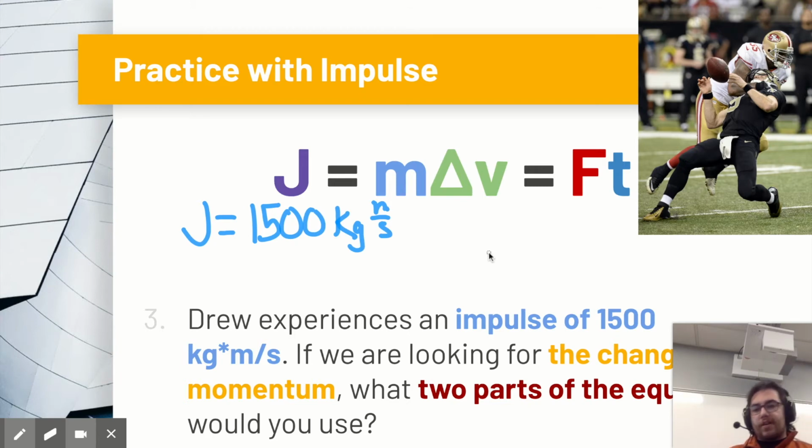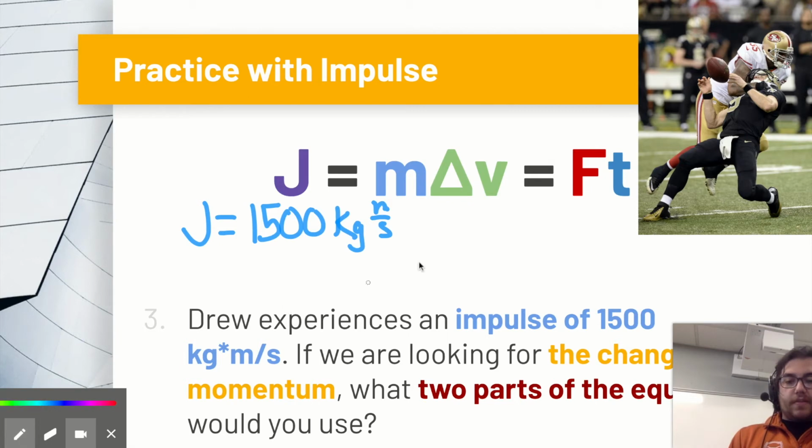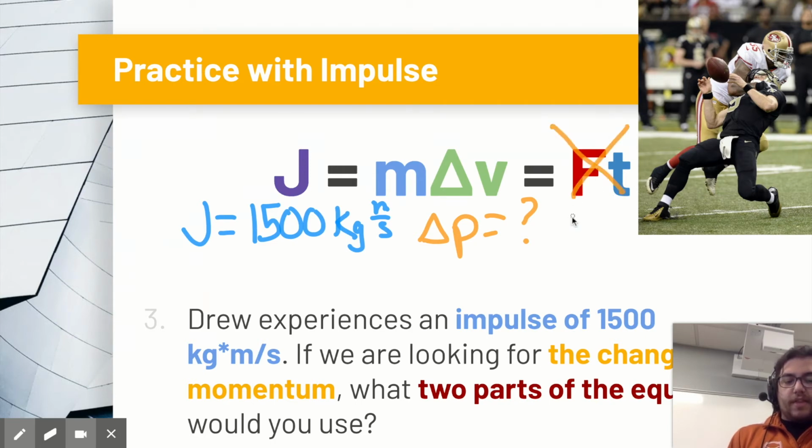Some of you might have already figured it out because you took some pretty good notes on the previous stuff. We learned earlier that impulse is the same thing as change in momentum. Change in momentum would be written like this. Which part of this equation would we worry about, and which part can we ignore? Well, we can ignore the Ft because we literally learned just the other slide. I even pointed it out.